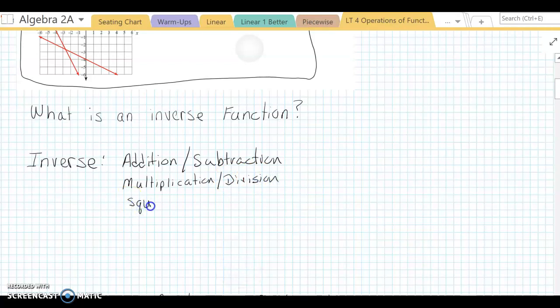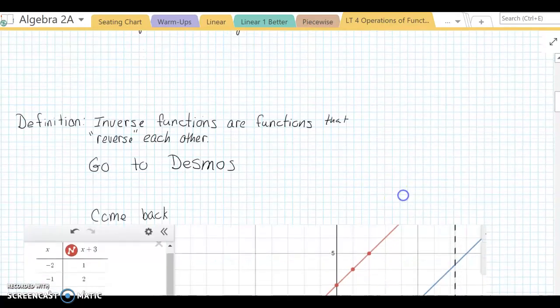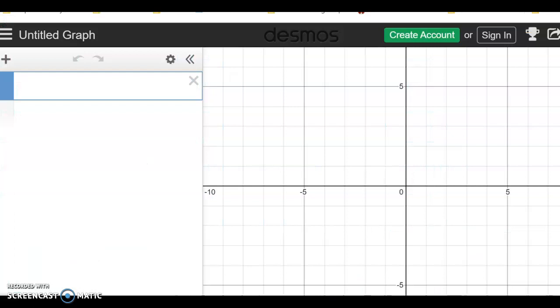The square root and the square are inverse operations. So they're kind of opposites of each other. So the definition of an inverse function: functions that are the reverse of each other, or they reverse each other. So let me show you a little something from Desmos.